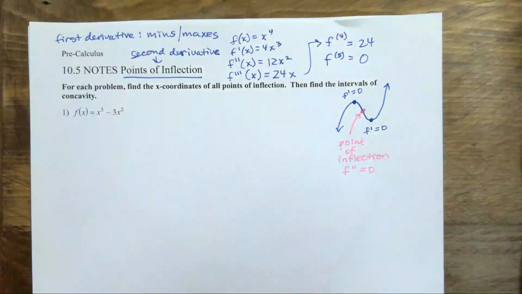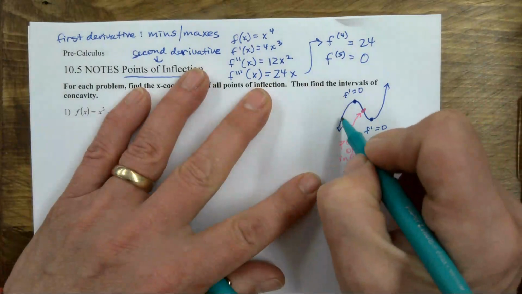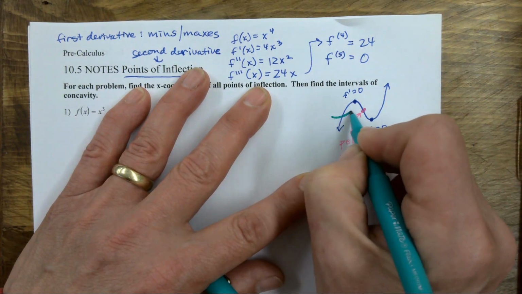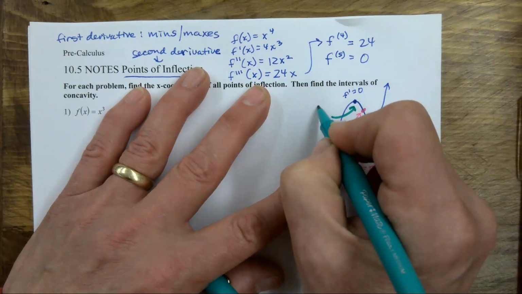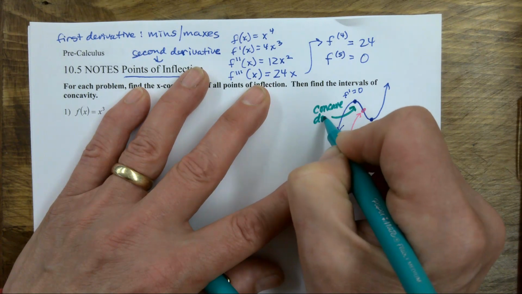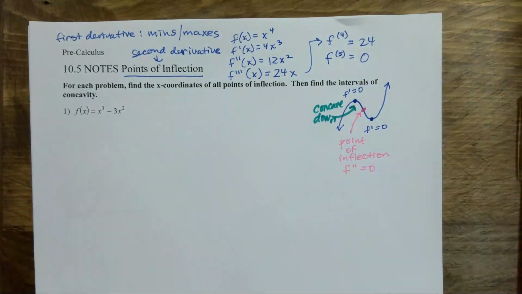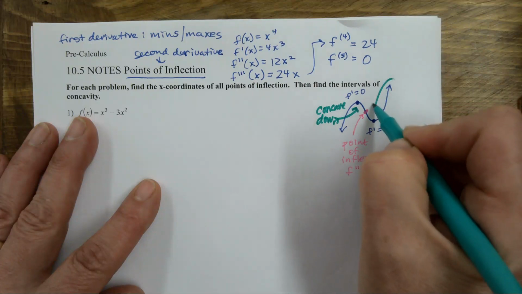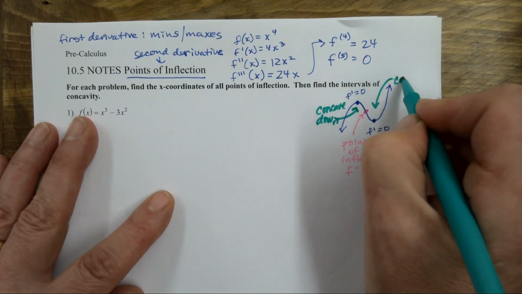Inside here, up until this point, that region is concave down, because it is opening down. In this other region, after that point of inflection, that's where it's concave up.